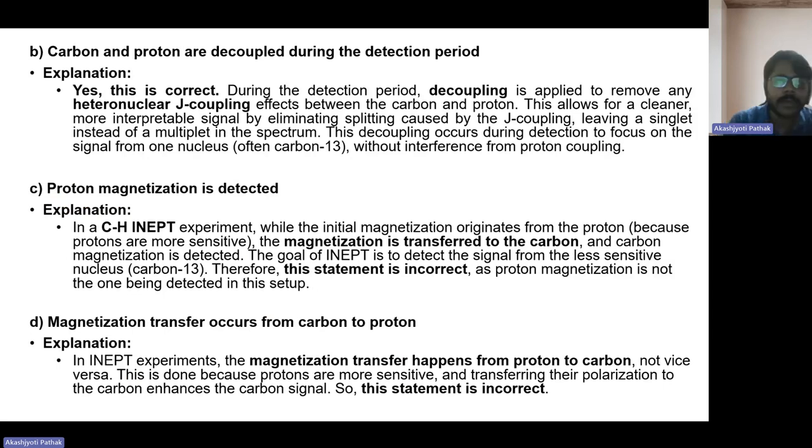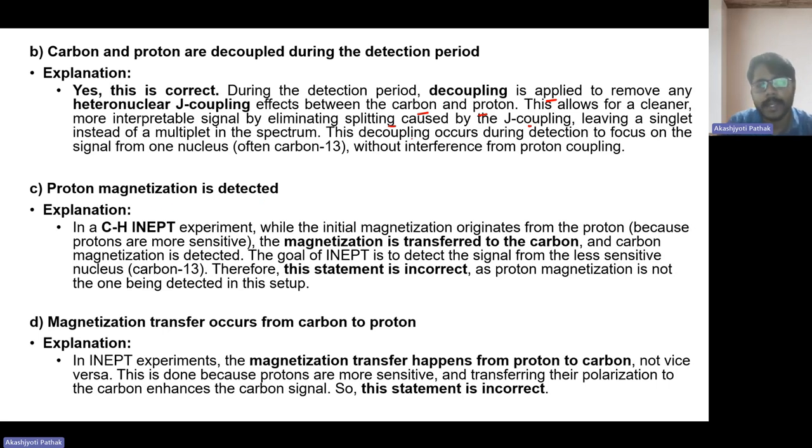Why? Because during this detection period, decoupling is applied to remove any heteronuclear J-coupling effects between the two nuclei, that is the nuclei of the carbon and the nuclei of the proton. So this allows for a cleaner, more interpretable signal by eliminating splitting caused by the J-coupling, leaving a singlet instead of a multiplet in the spectrum.